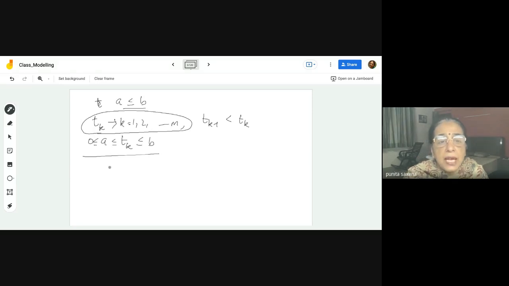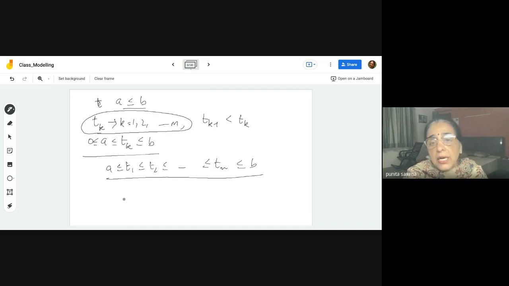So I can have a less than or equal to t1, less than or equal to t2, and so on, less than or equal to tm, less than or equal to b. This is how we have partitioned our interval, right? And in each of these subintervals, the function happens to be continuous. Discontinuity happens when we are plotting a graph and we have to pick up our pencil while plotting it.